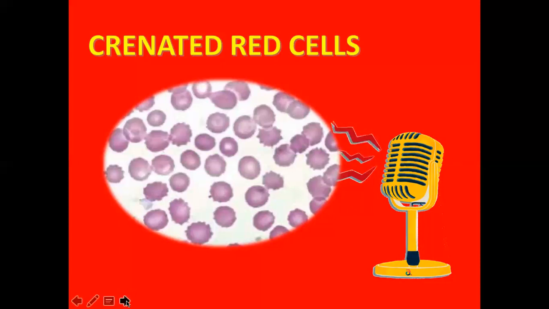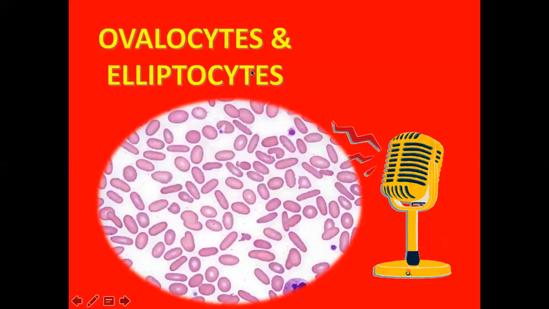The next one, we have here ovalocytes and elliptocytes. Obviously, these are ovalocytes, oval in shape, and those that are rod or pencil shaped are the elliptocytes. So these ovalocytes and elliptocytes may range from egg shape to slightly oval to sausage, rod or pencil forms.